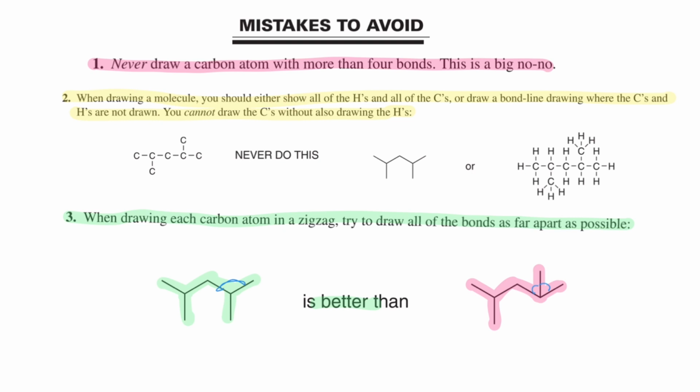So the overall conclusion from this video is, first, how to draw a bond line structure. A continuous carbon chain is called a carbon skeleton, and it is drawn in a zigzag pattern.